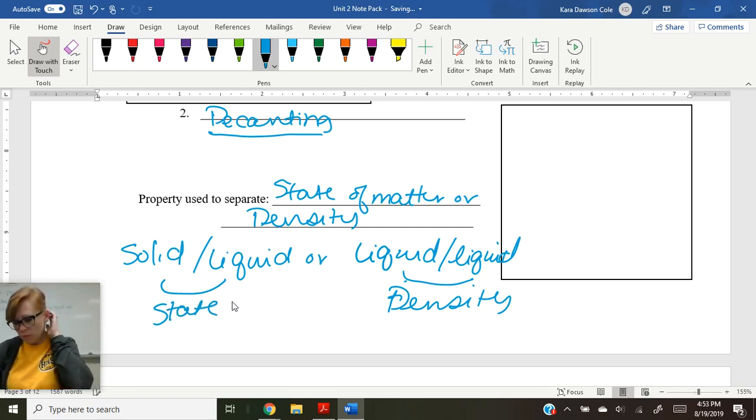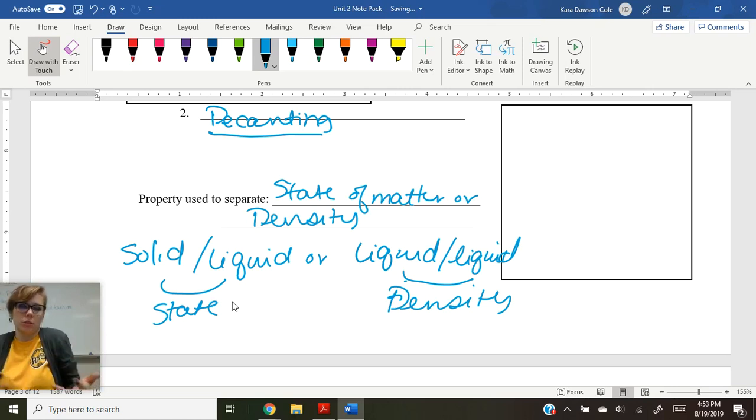If we've got a solid and a liquid mixed together, we can let that sit for a really long time. If we let it sit long enough, that solid is going to fall down to the bottom of the flask. So then we'll have solid at the bottom of the flask, liquid on the top. We can then pour out the liquid and leave the solid inside.